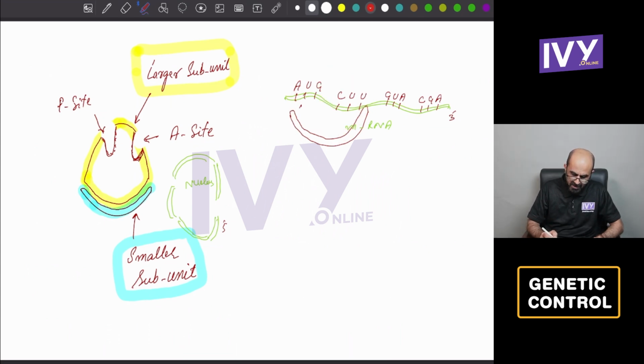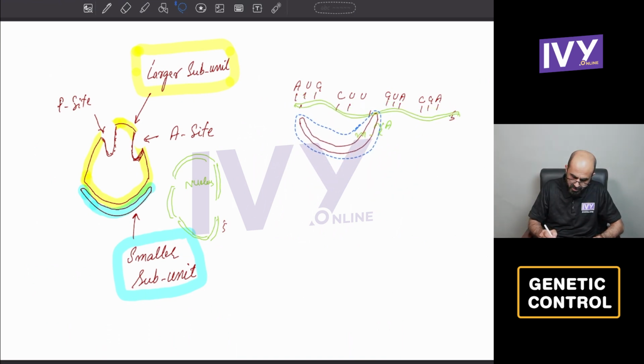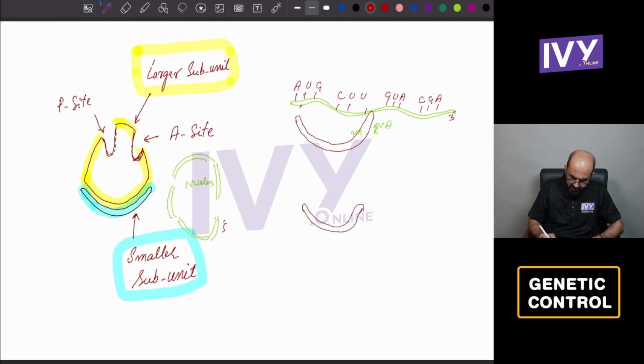So we can see that now the messenger RNA molecule is attached at AUG. Let me show a more elaborate structure again here. I'm just going to copy this structure. Here is the smaller subunit of the ribosome, and here we have the messenger RNA to be attached.